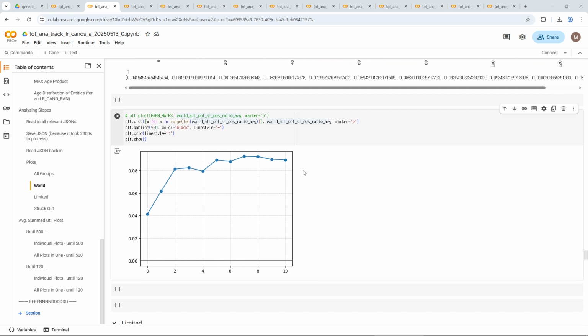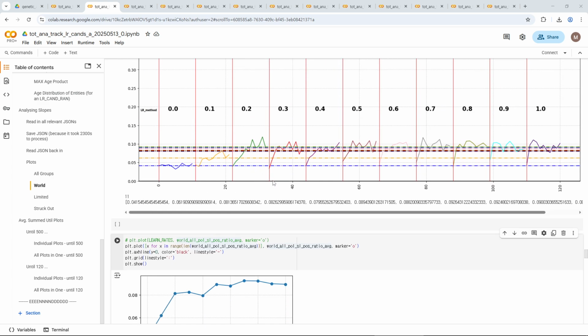And as you can see, in this case too, the positive slope ratio goes up as the learn rate goes up, but it does hit some kind of a plateau after 1, 2, 3, when the learn rate hits 0.2 or 20%.